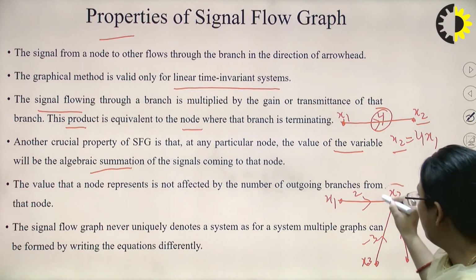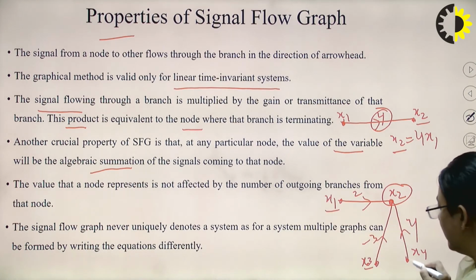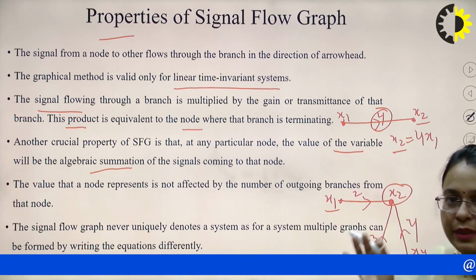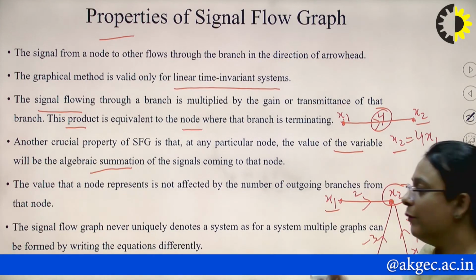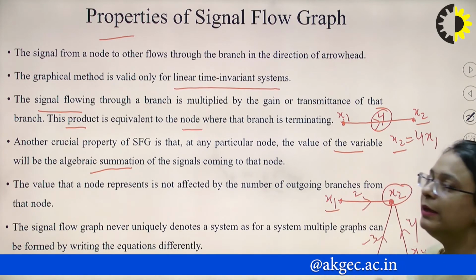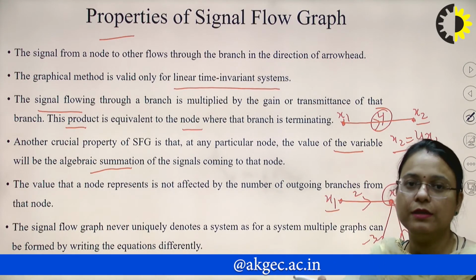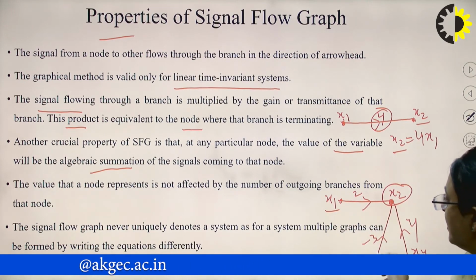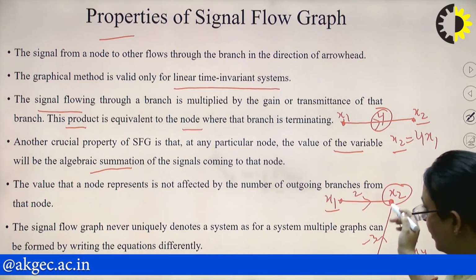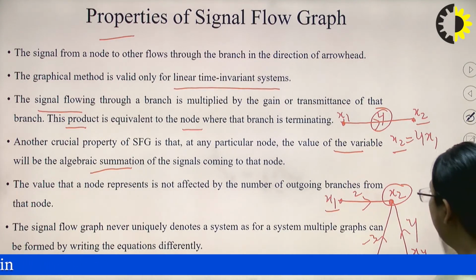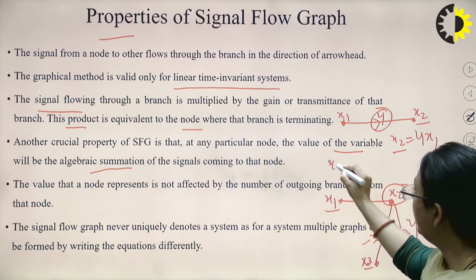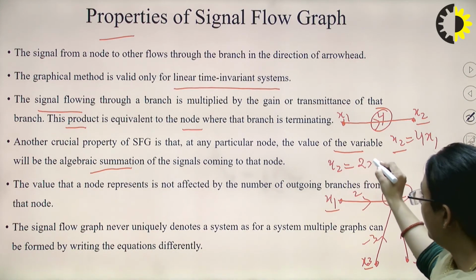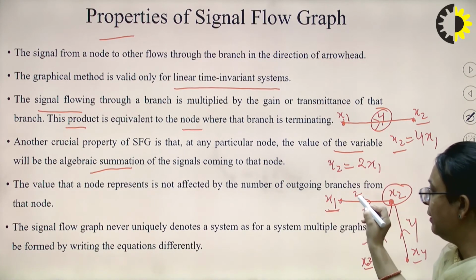So x2 is dependent upon these variables x1, x3 and x4, and the exact relationship is obtained when these variables are multiplied by their branch transmittances, their gains. Here x2 will be the algebraic sum of the variables coming towards it. So we can write x2 equals 2 times x1, because in the previous property I told you that the signal gets multiplied with the gain.